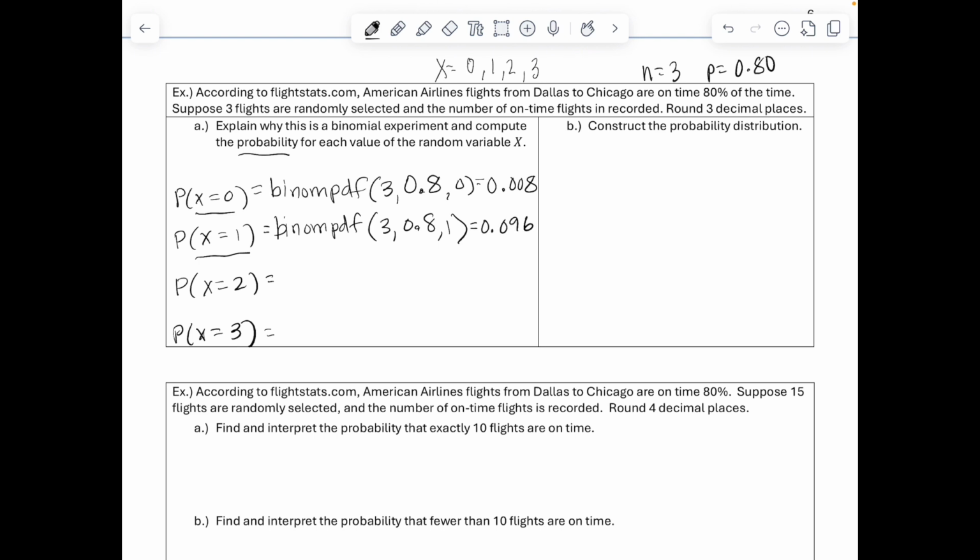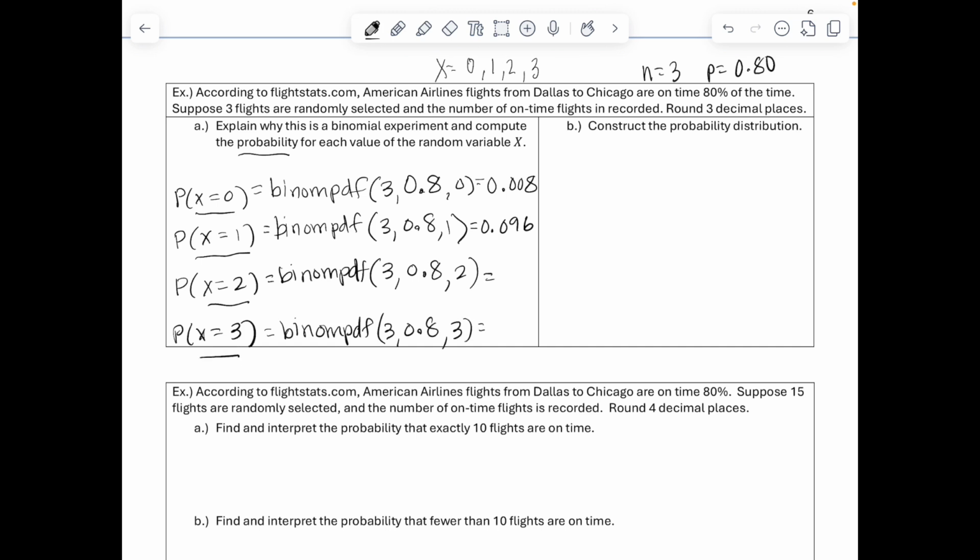So there's 2 more here to do, and both of these are going to be binomPDF. And number of flights is still 3, probability is 0.8, and for the second to last one, x is equal to 2. And then for the last one, we have 3 flights, 0.8 is our probability, and for this one, x is equal to 3.